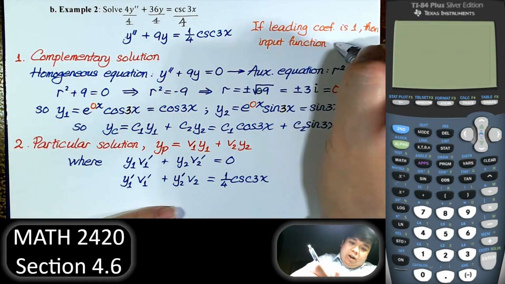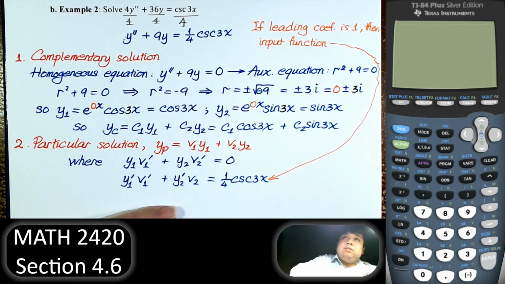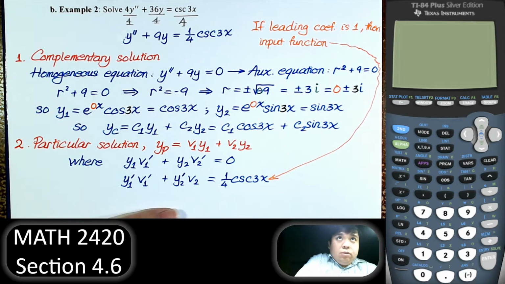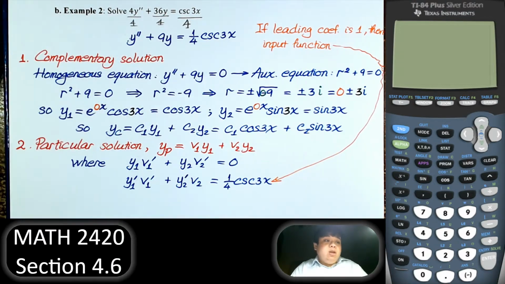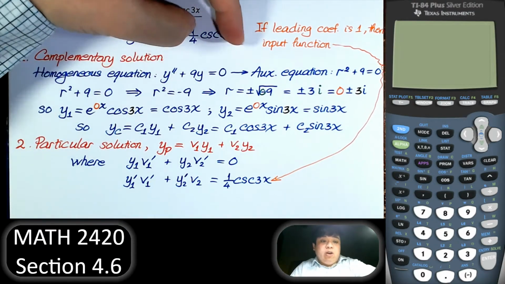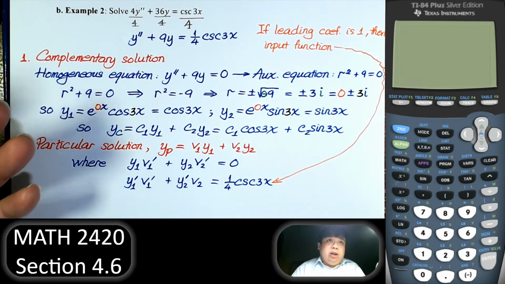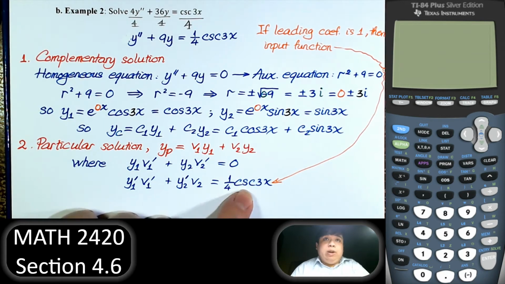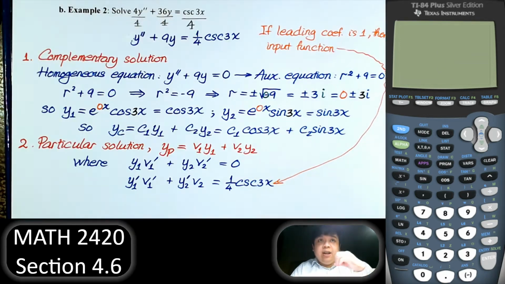That's why I want to divide by the leading coefficient first to get this one. So in that case, whatever the function on the right hand side, move there. The book might do that differently, but I recommend that we do it this way. Just get that to 1 and then put that there.